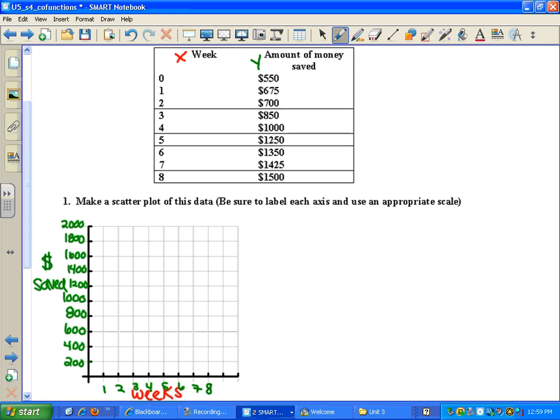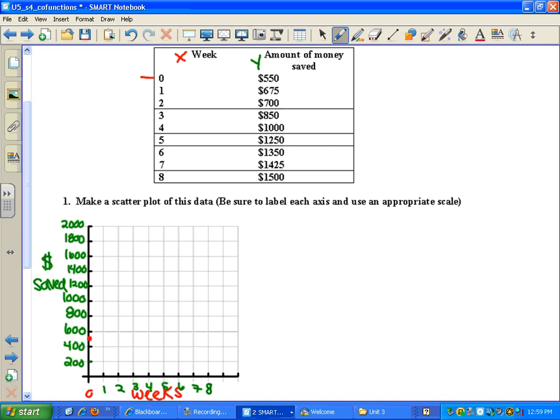Now I'm going to go ahead and plot points. So I'm going to plot the point 0 and 550. So here's 0, and then I'm going to go up to about 550, and we'll say right about there. Okay, then I have 1 and 675.